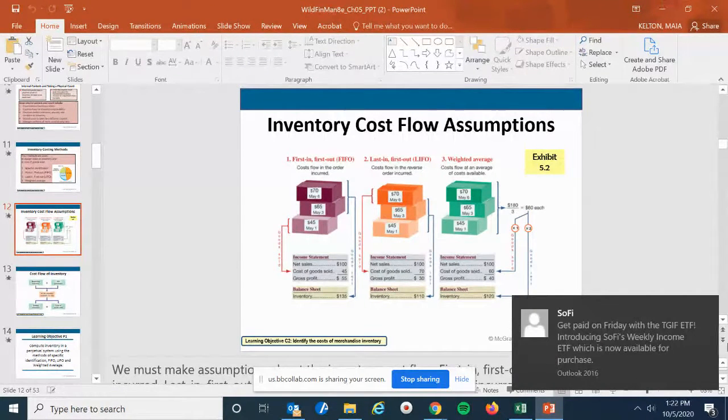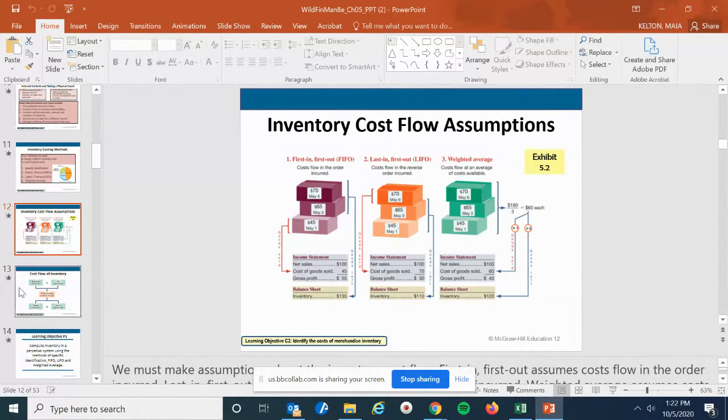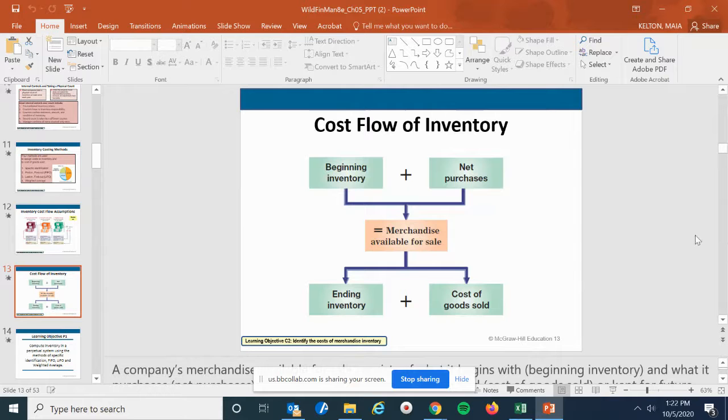But before we do that, let me remind you something that we learned in chapter 4. Remember, when we are working with inventory, in the inventory account, we will always have a beginning balance unless the company literally started their business operations today. To the beginning balance, we'll add net purchases. And remember what net purchases are.